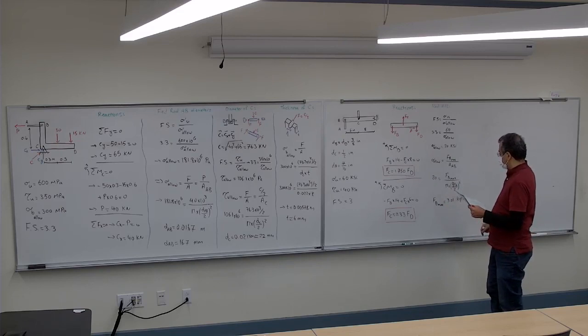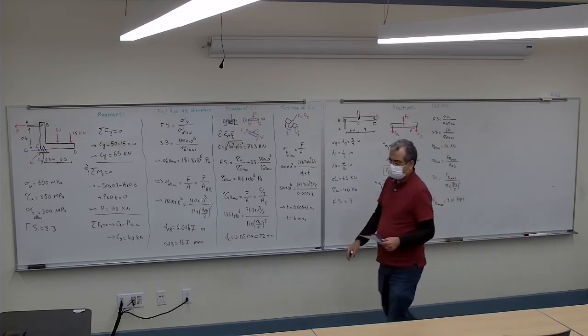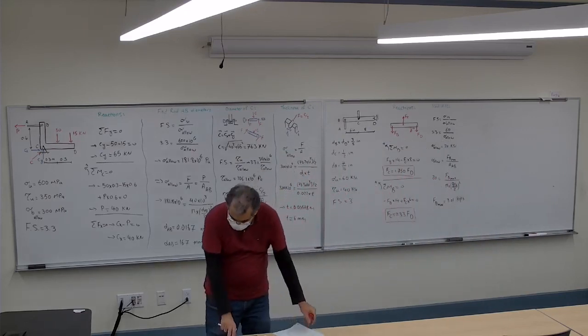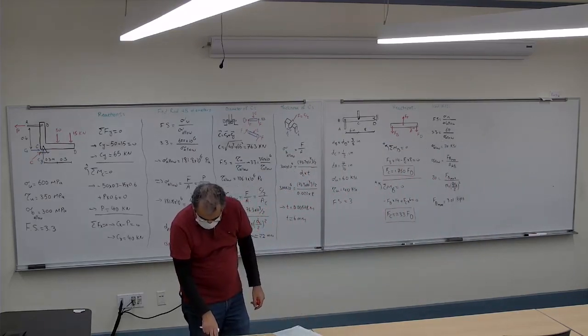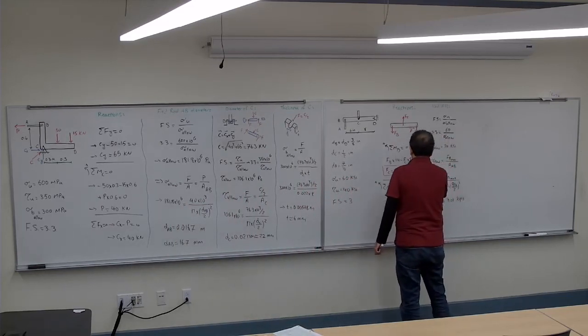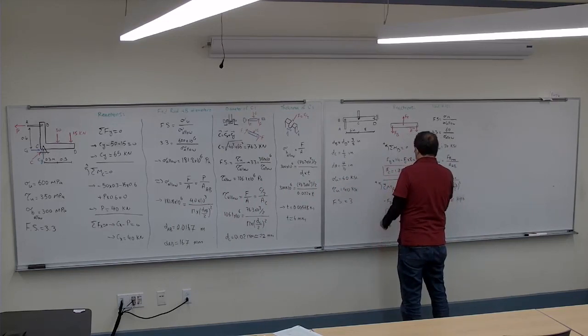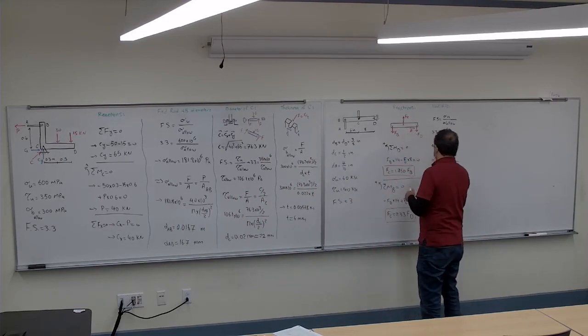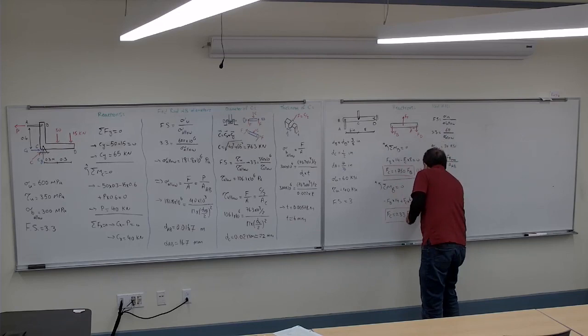One of them should be bigger. I think the top one's supposed to be the B. So I assume this is equation 1, this is equation 2.